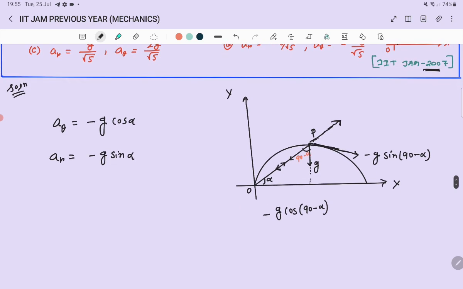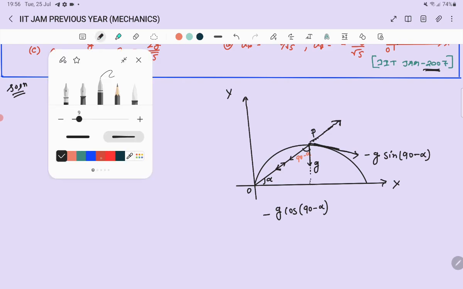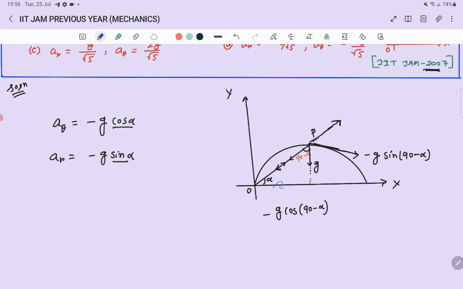Now we have to find alpha. If you know alpha, you can substitute sin alpha and cos alpha and get A theta and AR. How can you find alpha? For projectile motion, this distance is the range R of the projectile, so from this point it will be half the range, R by 2, and this is the maximum height, H max.